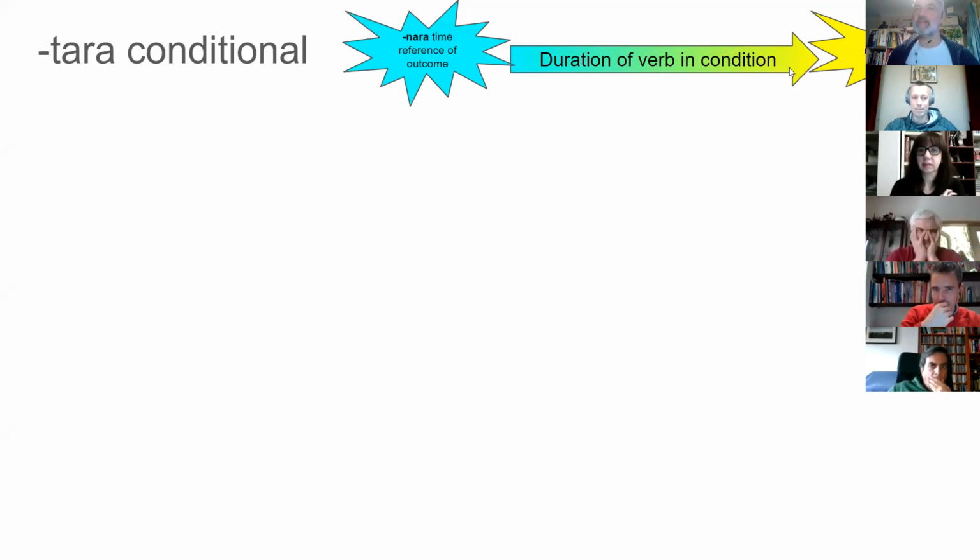So it's got a start and an end, or rather an incomplete stage and a completion stage. If you want the outcome to occur at the end, once the verb's been completed, then use tara. But if you want the outcome, if it's a request or a prohibition, to happen before that verb, then you use nara. So this happens before the verb starts or before the verb's been completed.